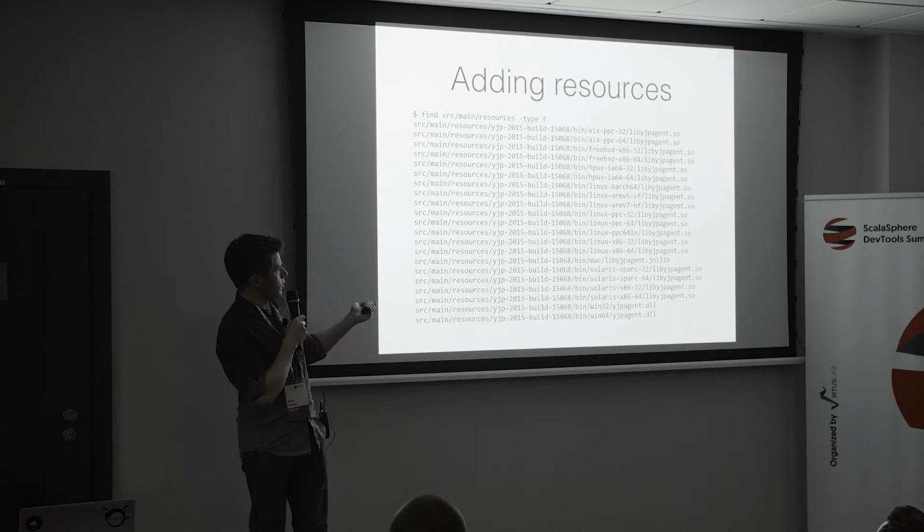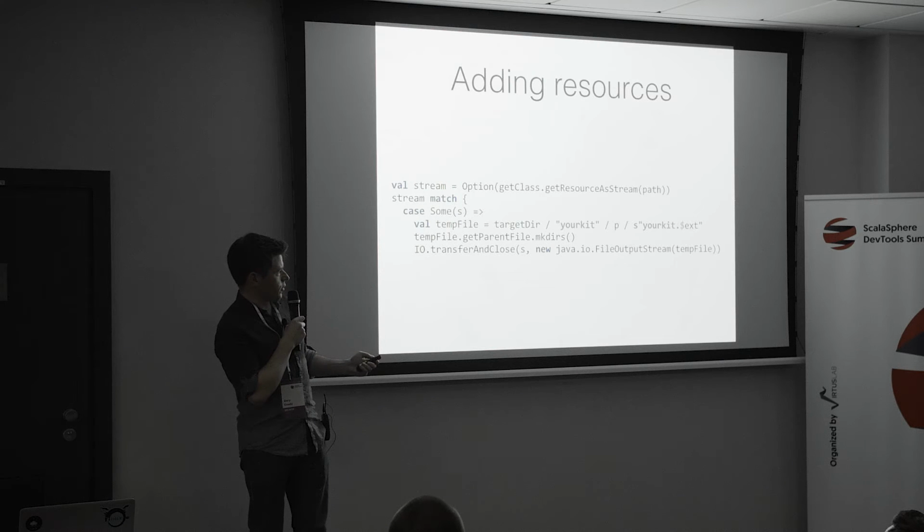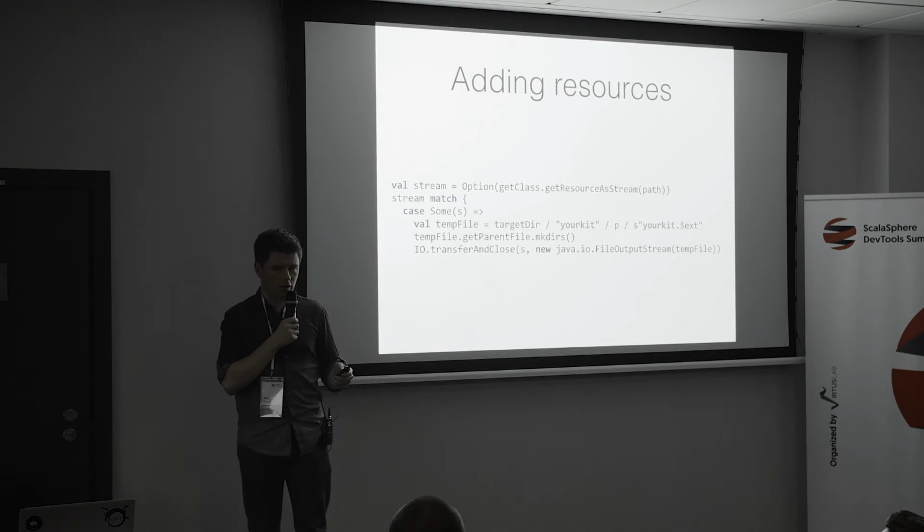So first of all, we can add resources, just put stuff into src/main/resources in our plugin, and then when we want to actually access that, we can call getResourceAsStream and write out a temporary file that we can then reference when we're building our image.